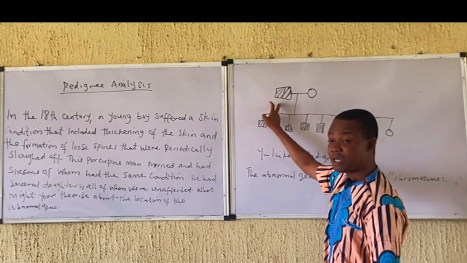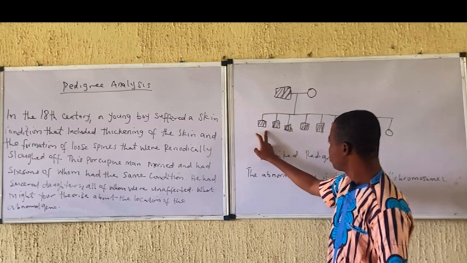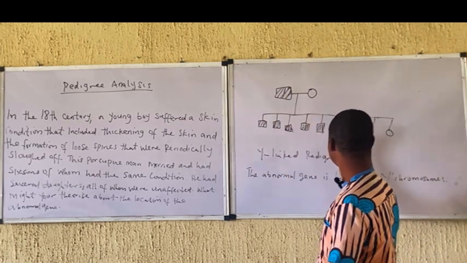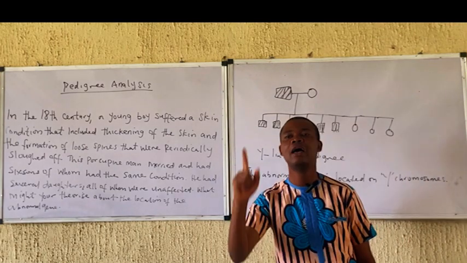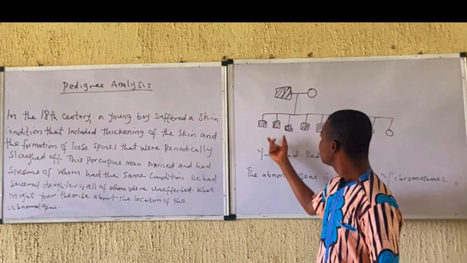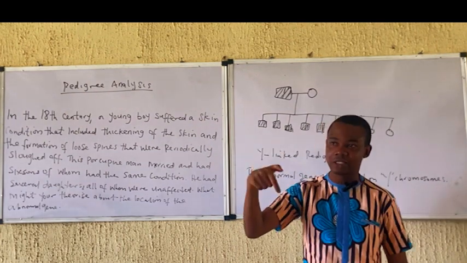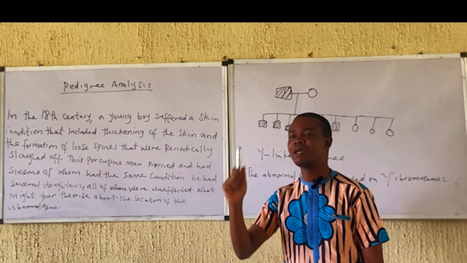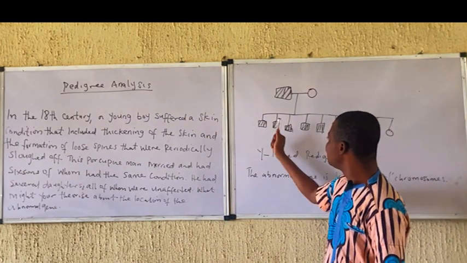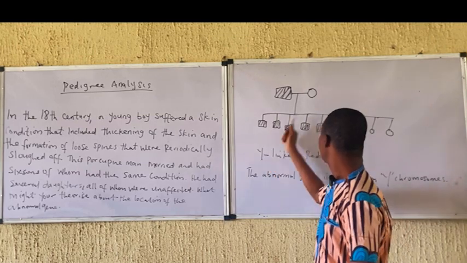It is being transmitted from the father to the son, and it cannot be transmitted from the father to the daughter. Why? Because female individuals lack the Y chromosome, and this abnormal gene is only located on the Y chromosome. That's why it can only be transmitted from the father to the son and not to the daughter.